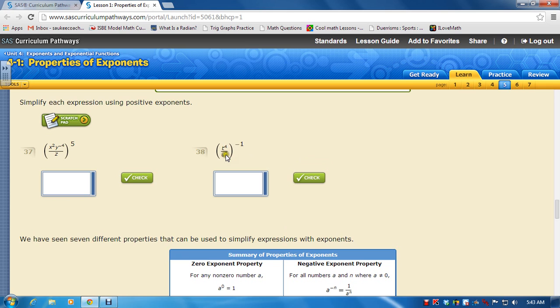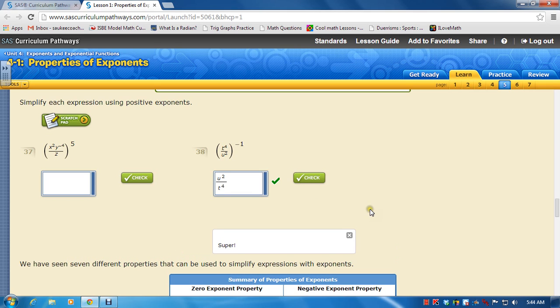Meaning this one right here, for example, the u squared would be in the numerator, and the t to the 4th would be in the denominator. Okay? So, u squared, and that t to the 4th would be in the denominator. Alright.